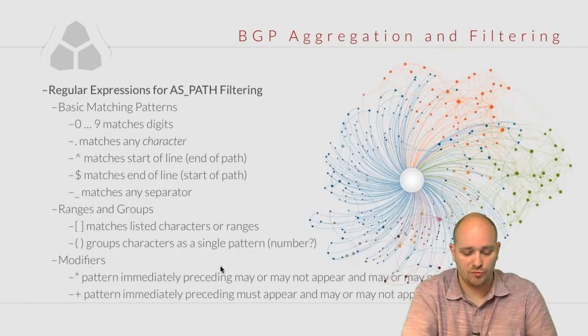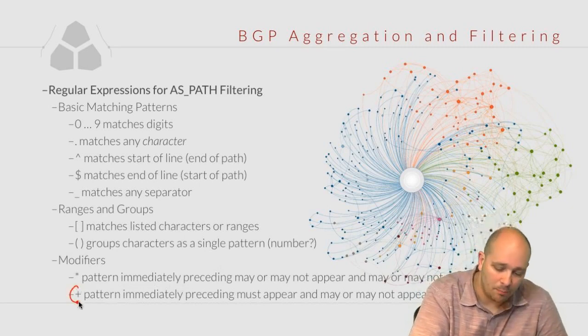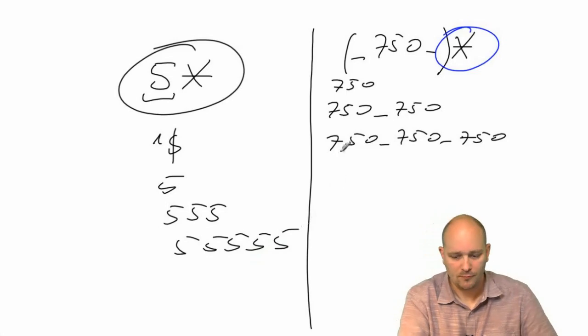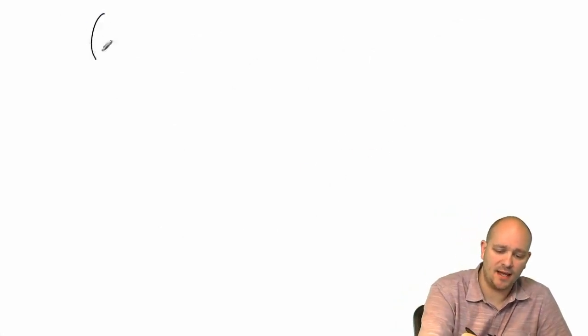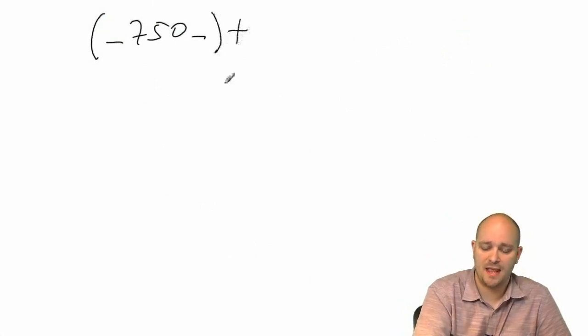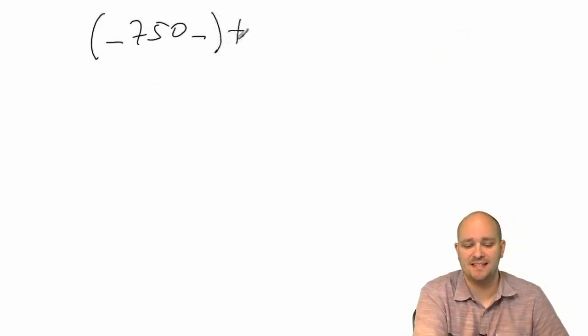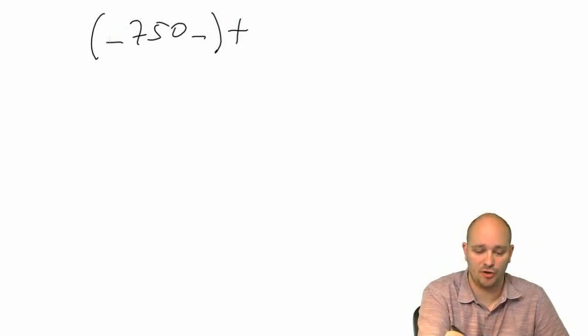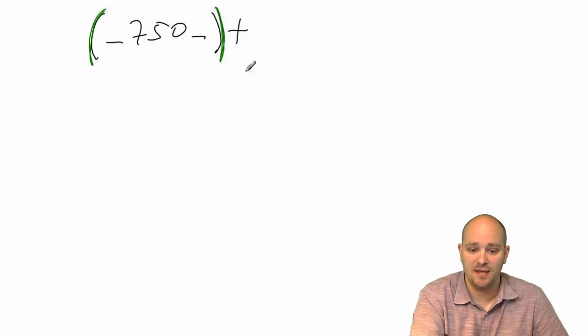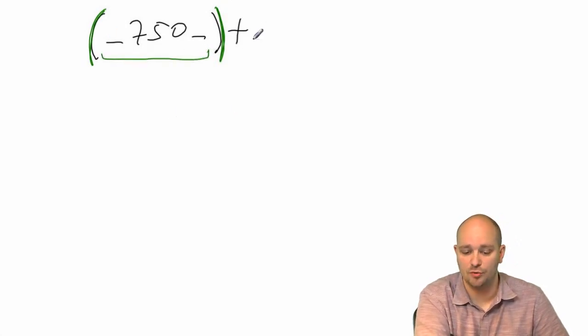A much more useful modifier, if you ask me, is a plus sign. Now, what does the plus sign do? Well, let's say that we had 750 plus. What plus says here is that the immediately preceding pattern, and mind you, because we are using parentheses, this means that the group of characters specified here needs to show up.